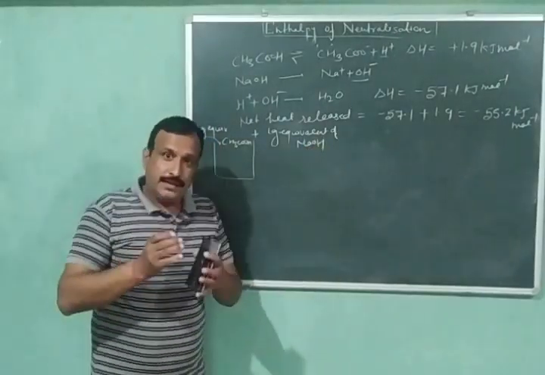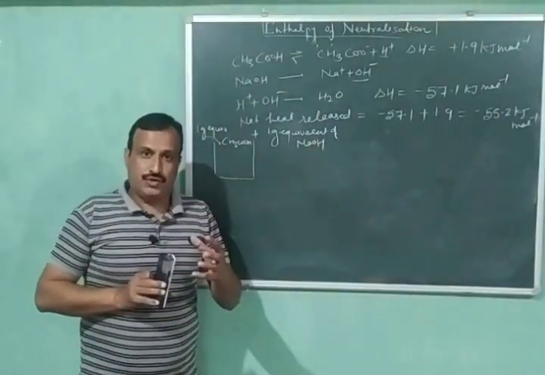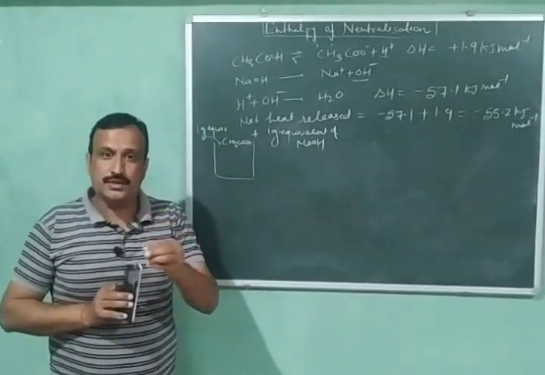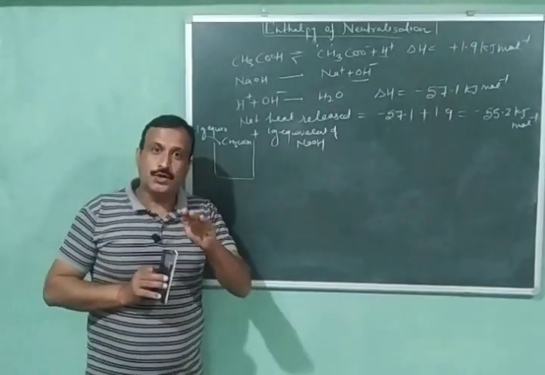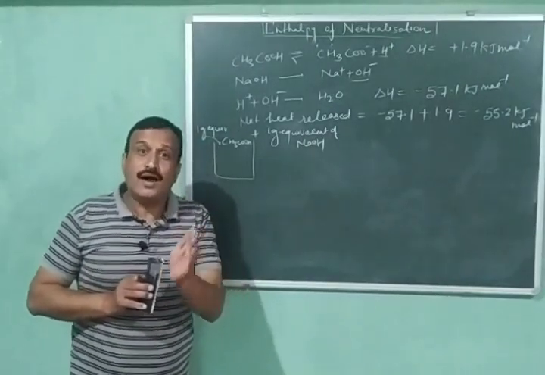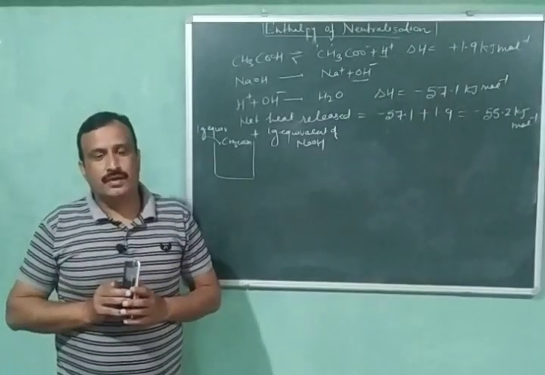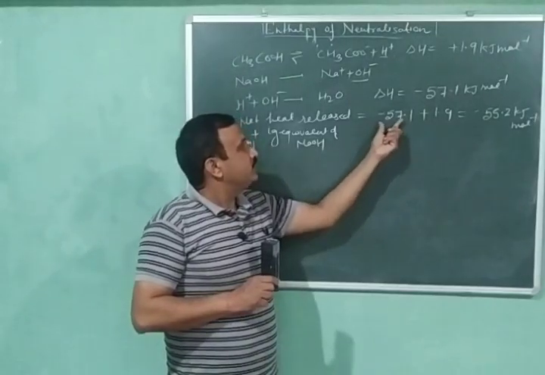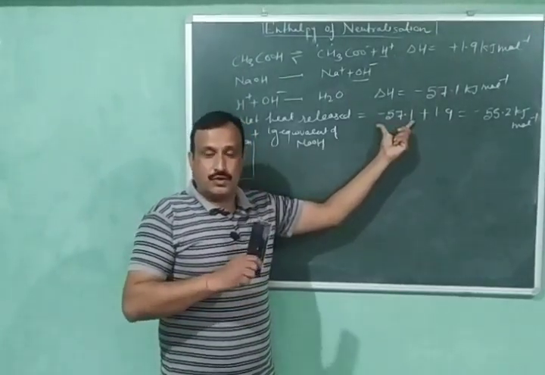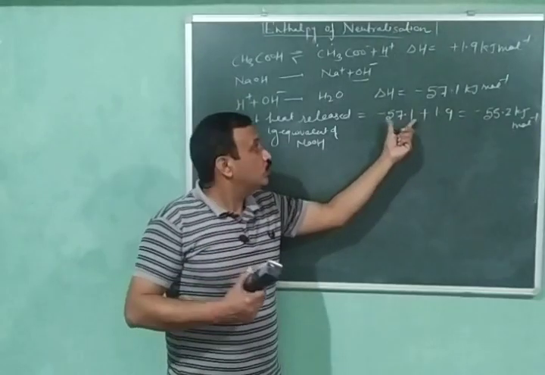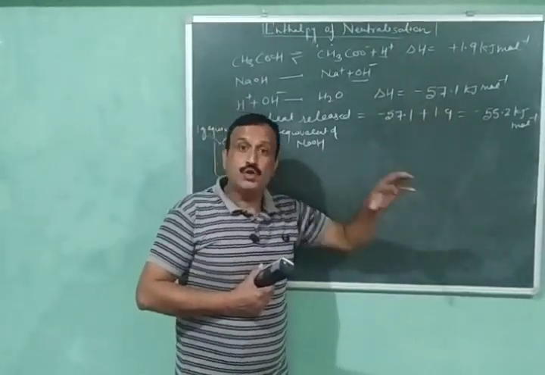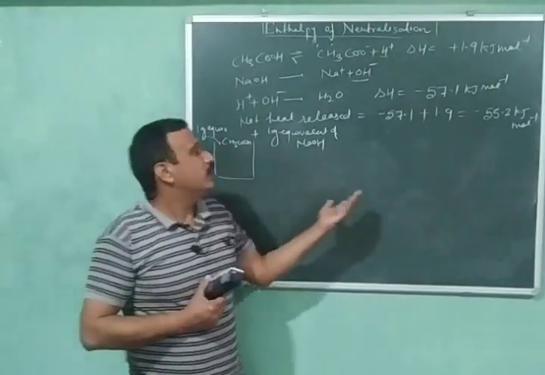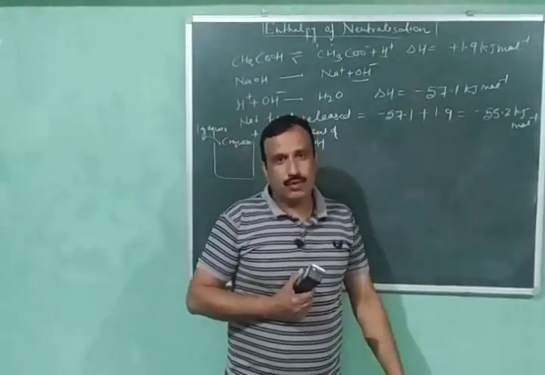Then some part of the heat released during this reaction will be used to ionize the unionized acetic acid. What does it mean? It means that during this reaction the heat liberated will be minus 57.1, but some part of this heat, equal to 1.9 kilojoule, will be used to ionize the acetic acid. Then the net heat released will be equal to minus 55.2 kilojoule per mole.